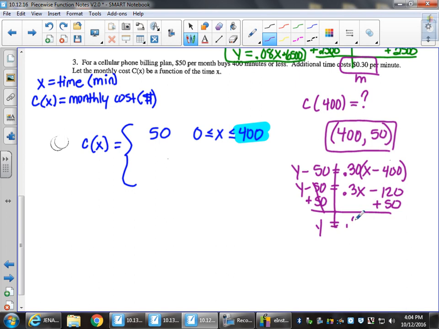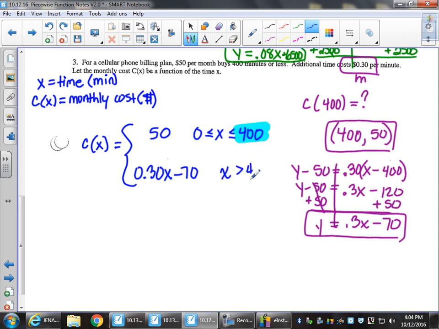That gets us y equals 0.3x minus 70. This expression is what I need for the next piece, 0.3x minus 70. And this will be what we use to calculate your bill for the month for any minutes over 400. Additional time, so past your 400 minutes, we'll use this expression.